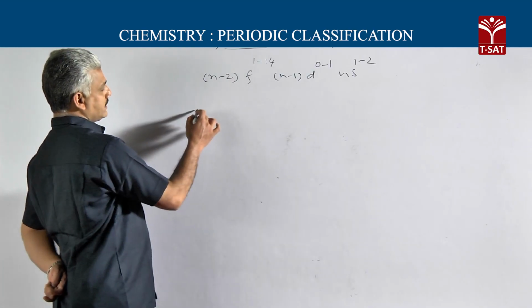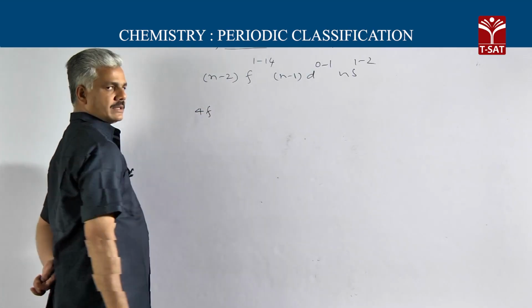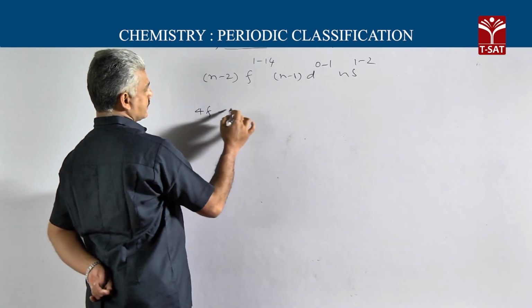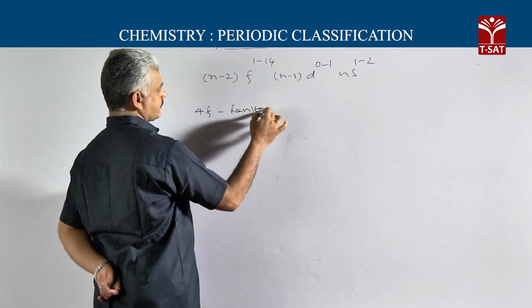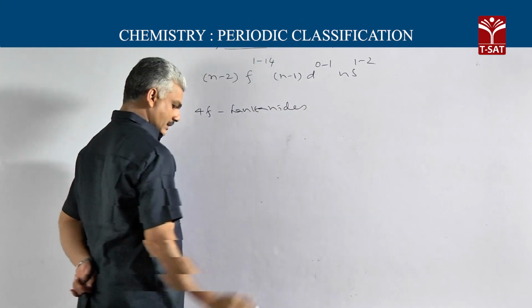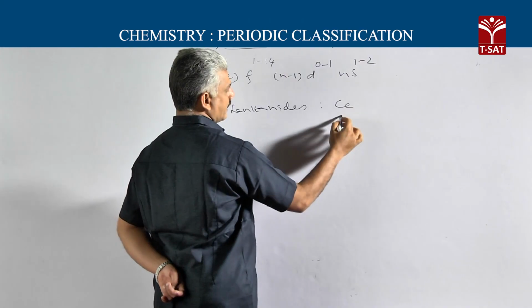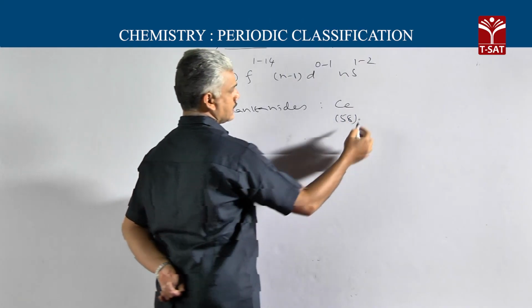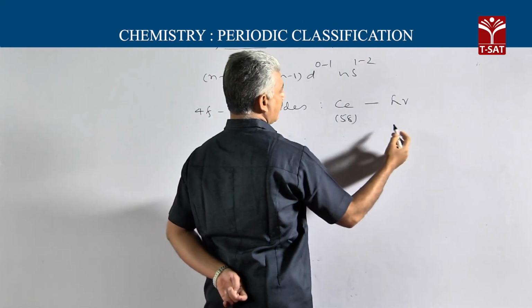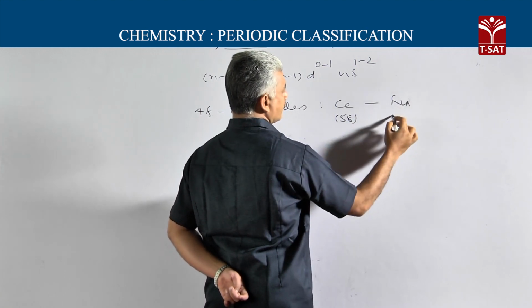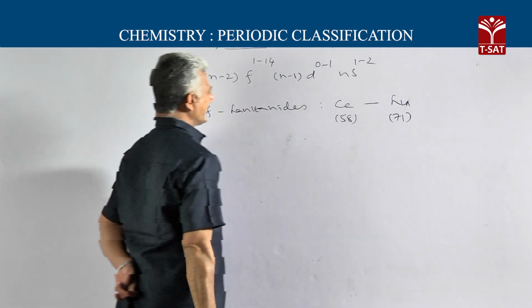The elements in which 4f sublevel is gradually filled with electrons are called as lanthanides. Lanthanides begin with the cerium, atomic number 58, and end with the lutetium with atomic number 71.